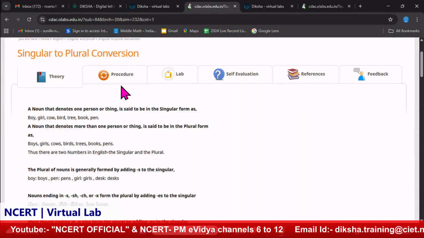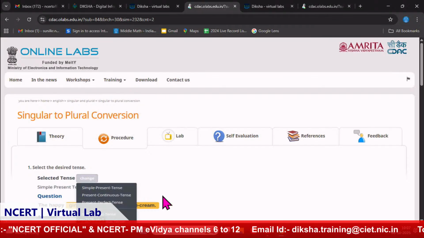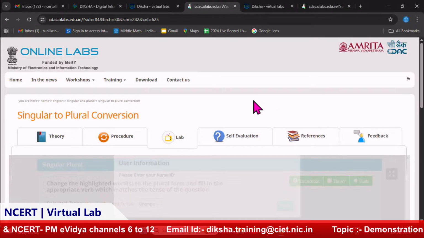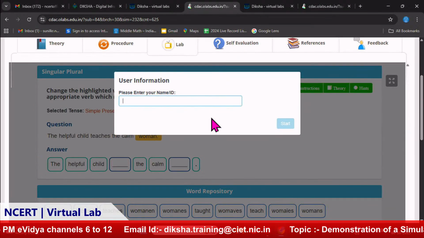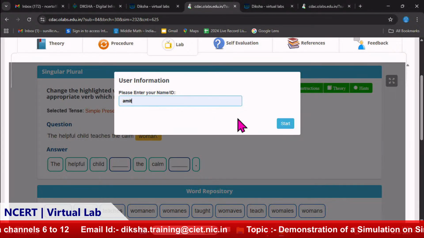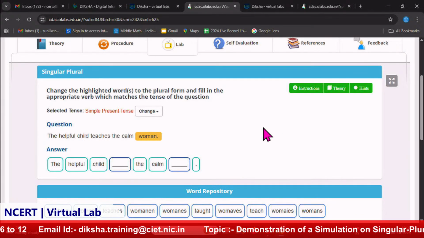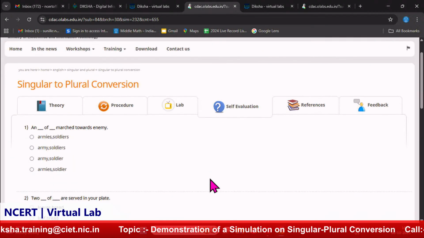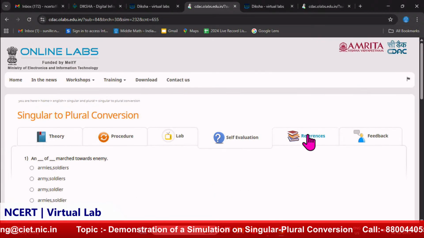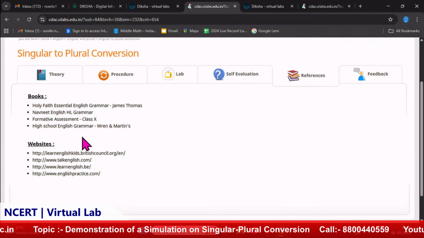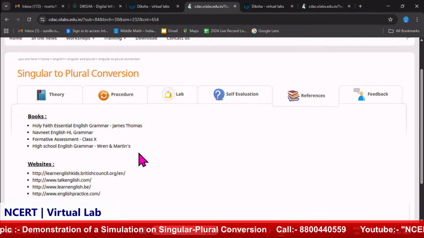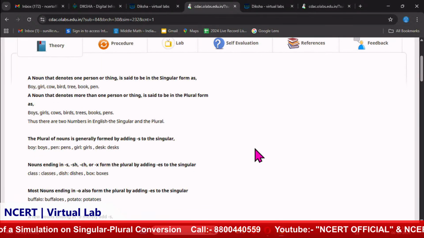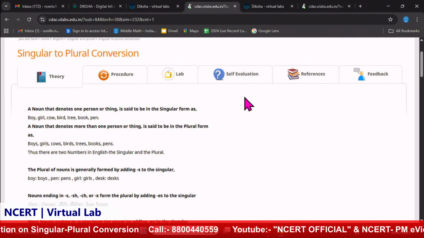And then we have procedure, how to use the lab, which we'll cover while showing you the demo, and the lab itself, where we'll do some exercises of the drag and drop kind. Then there's self-evaluation, which gives a good summary of what has been covered in the chapter. What you've learned. Right. And there's references, and I highly recommend Wren and Martin among these references. Okay, so let's look at the theory portion of this, and then we'll proceed on to doing some exercises.